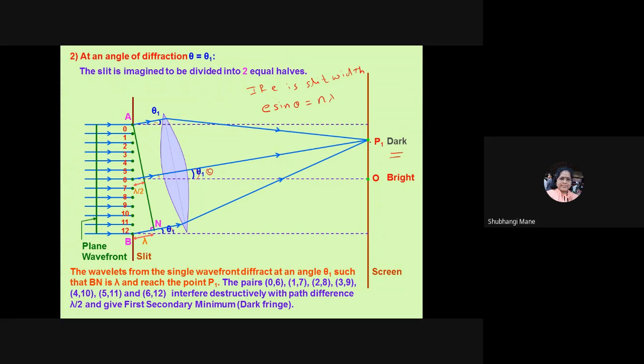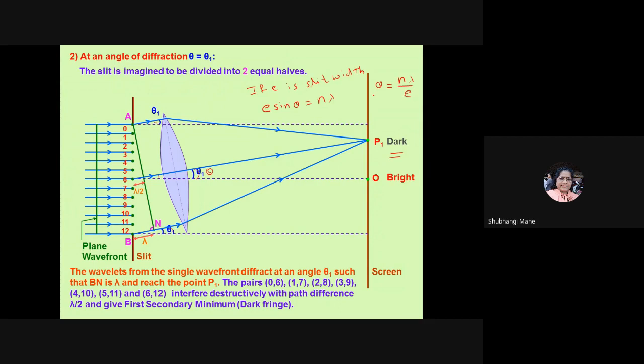Here n equals 1. If theta is very small, then sin theta equals theta, and therefore the condition utilized is theta equals n lambda upon e.